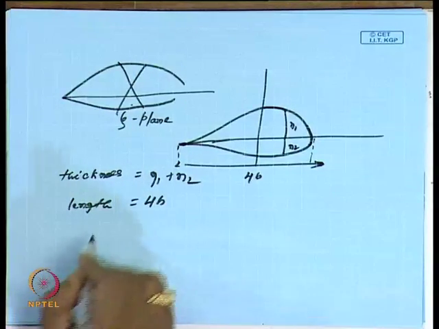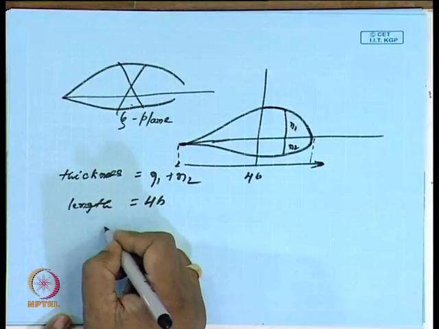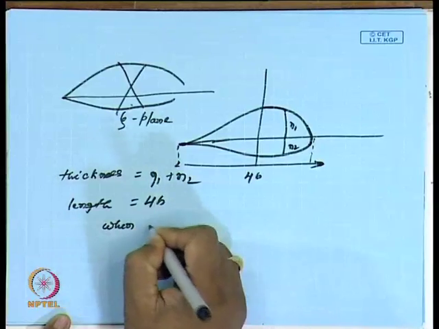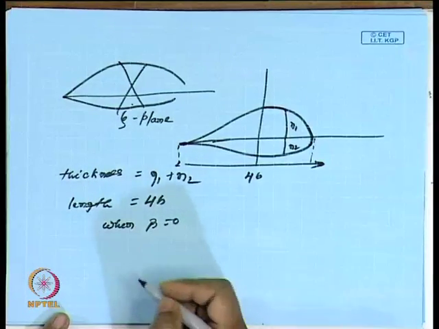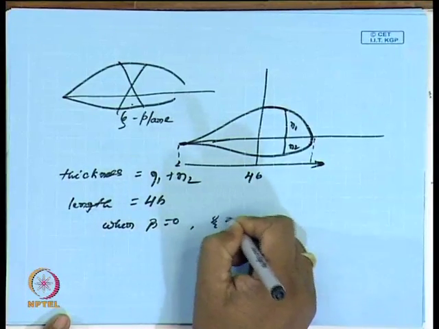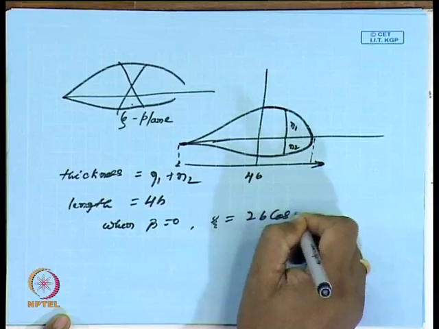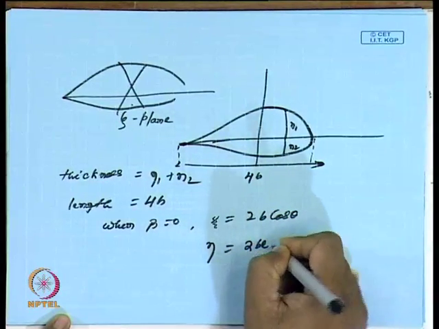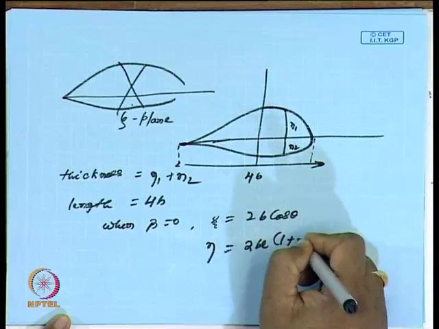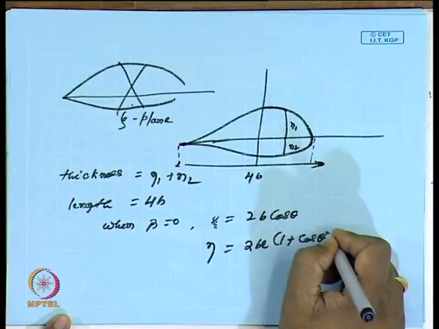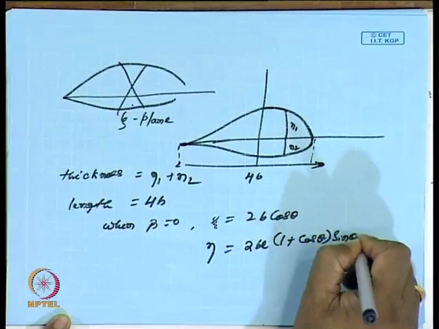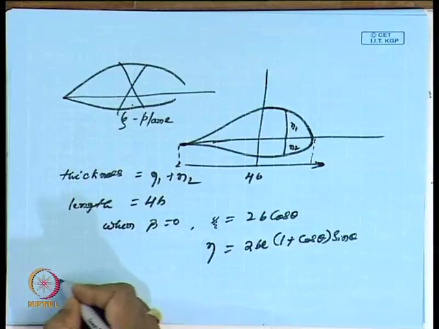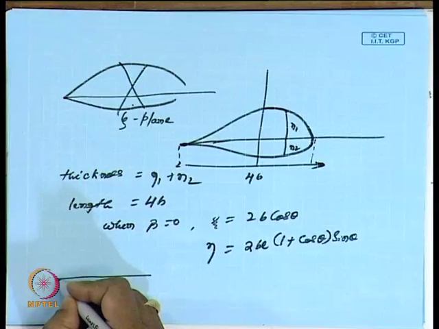Another thing we can see here, that if beta is 0, then my xi will be 2b cos theta and my eta will be 2bE into 1 plus cos theta into sin theta, and in that case my aerofoil will be a symmetric aerofoil.